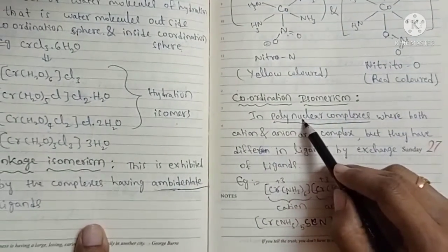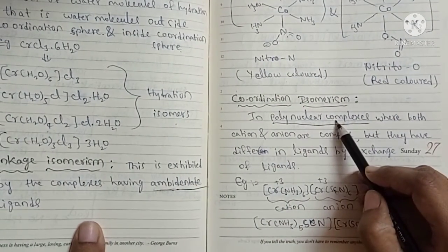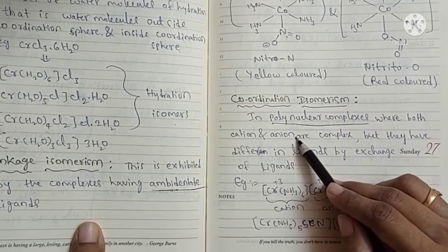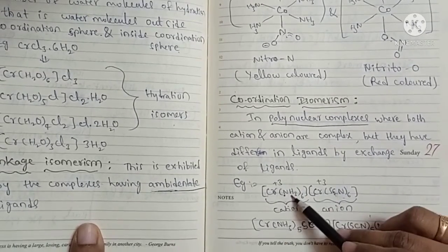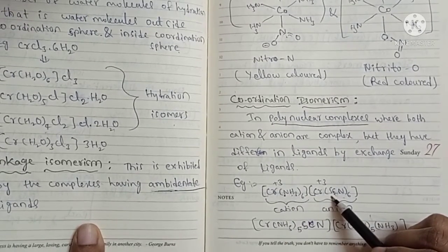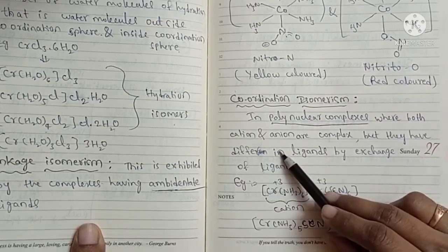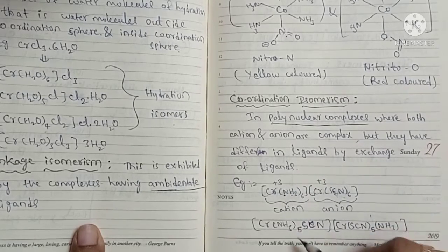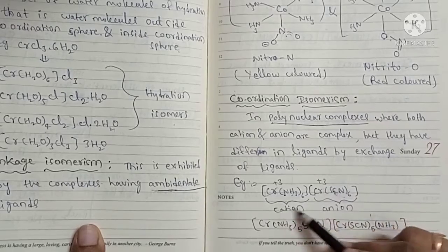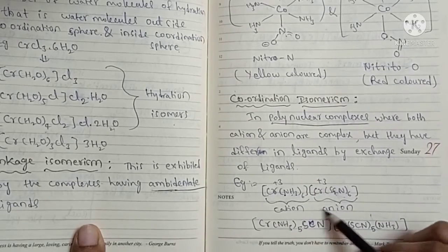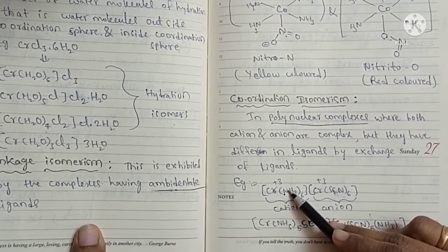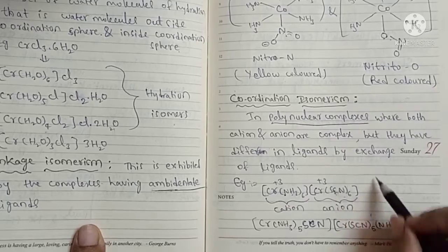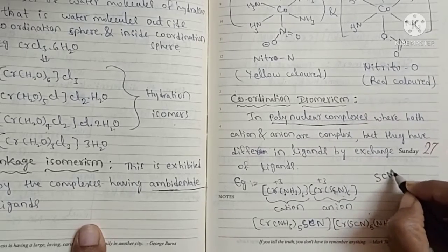So coordination isomerism is exhibited in complexes where both the cation and the anion are complex, but they differ in ligands. For example, this is one complex, and this is another complex. Here 6 ammonias are there and 6 SCN thiocyanate ligands are there.